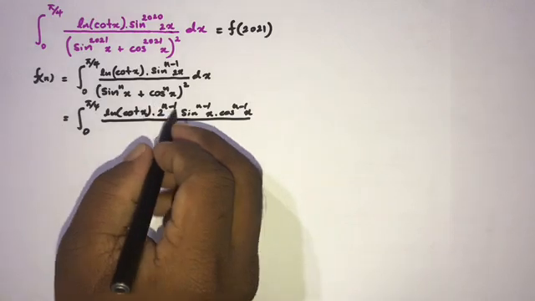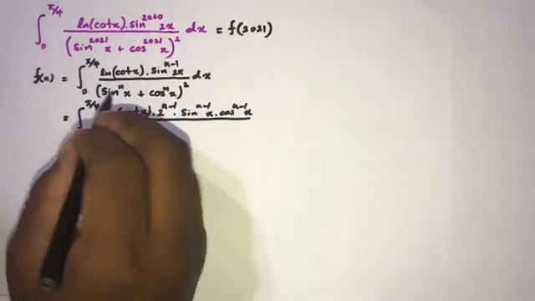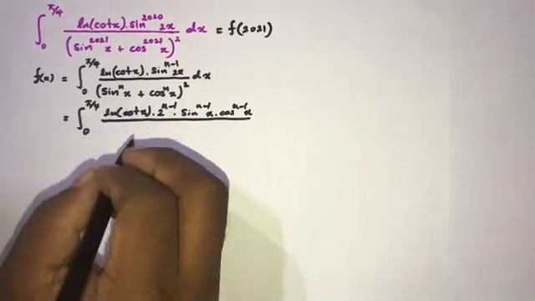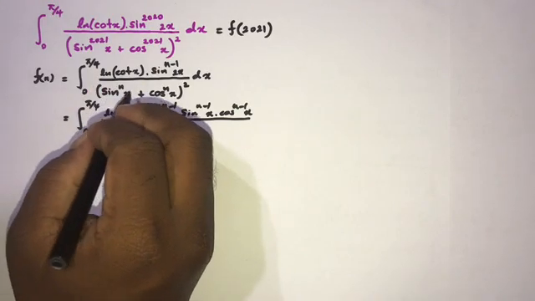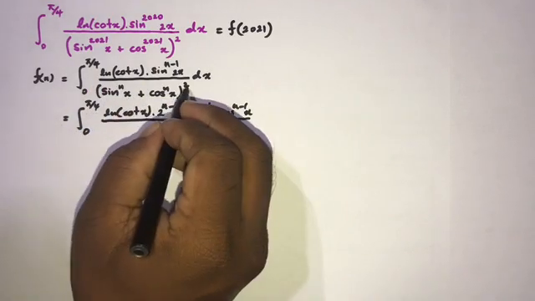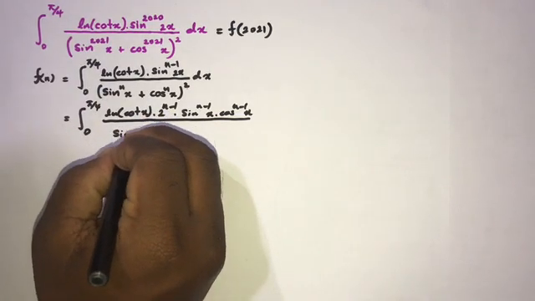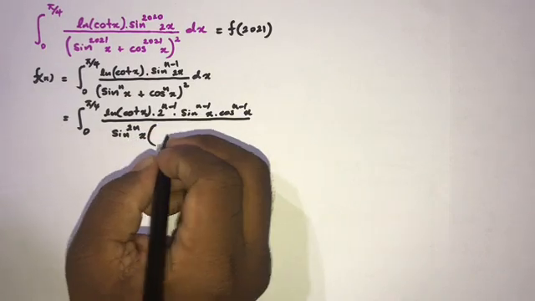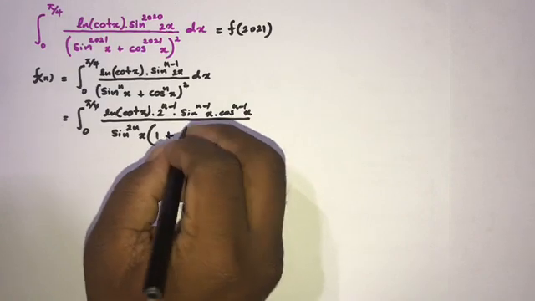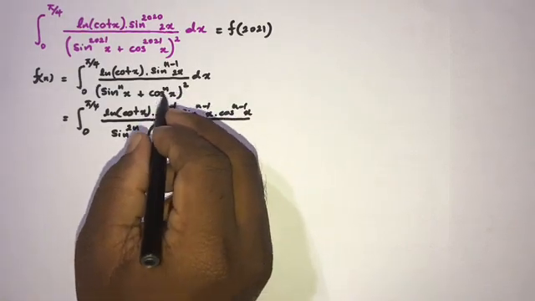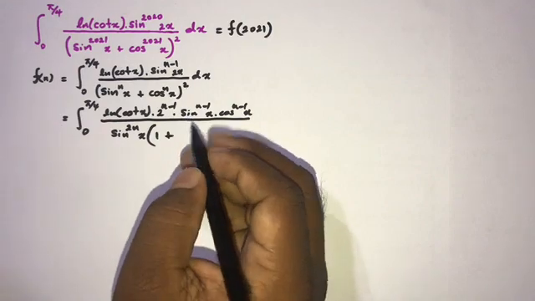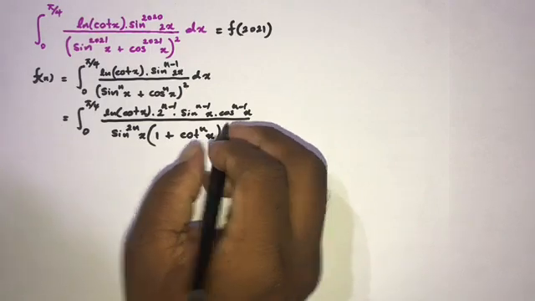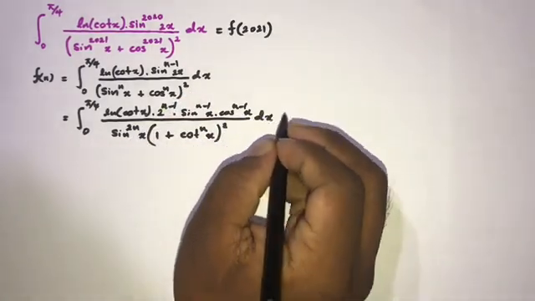In the denominator I am going to take sine raised to the n power of x as a common factor. So we should write sine raised to the 2n power of x, and here 1 plus cosine to the n of x over sine to the n of x, which is cotangent raised to the n of x, all squared, dx.